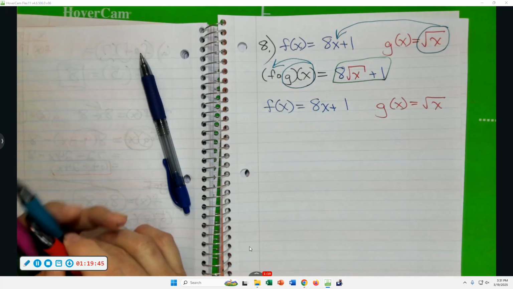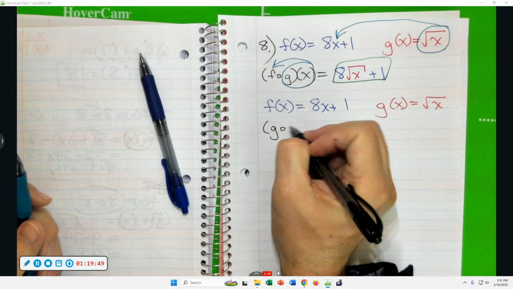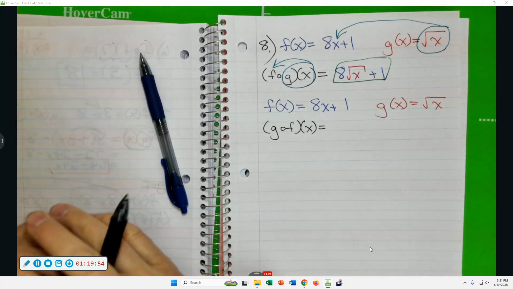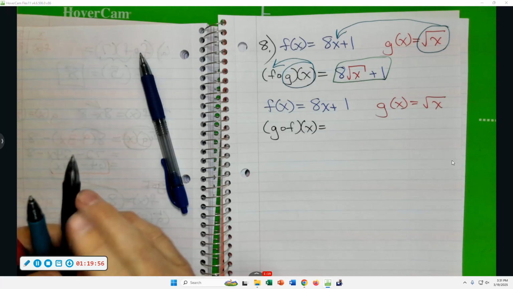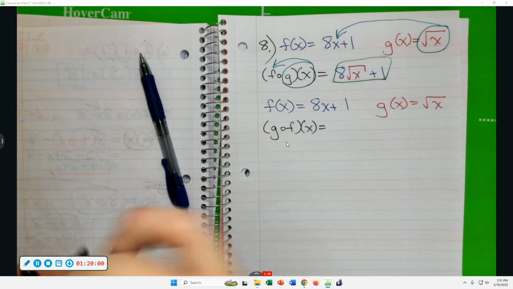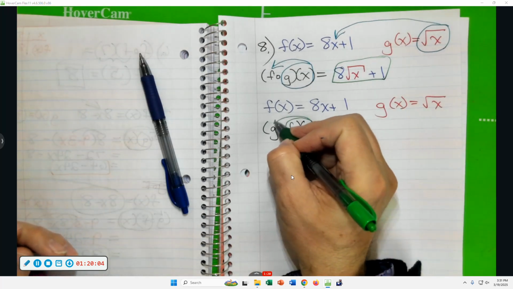And now we need g composed with f at x. So that's saying take f of x and plug it into g.